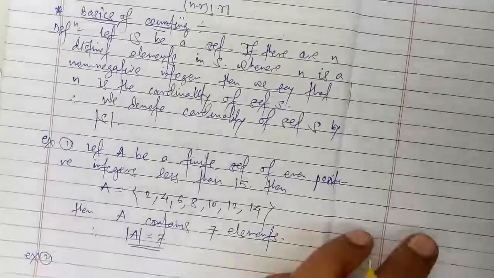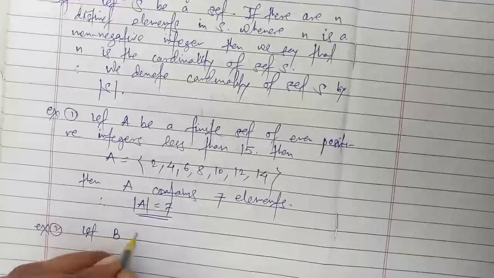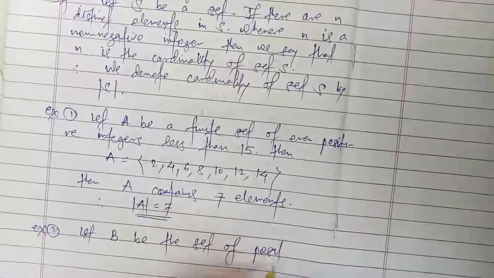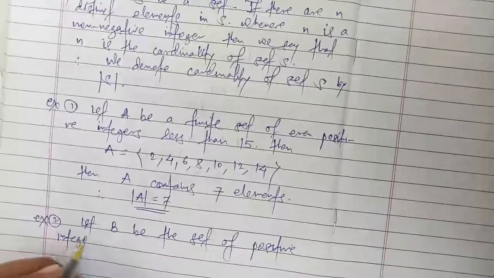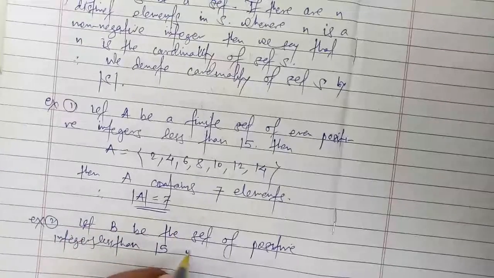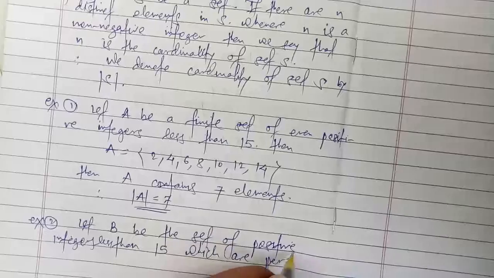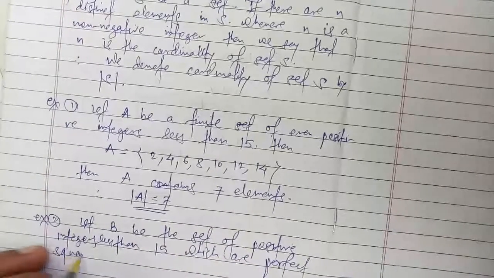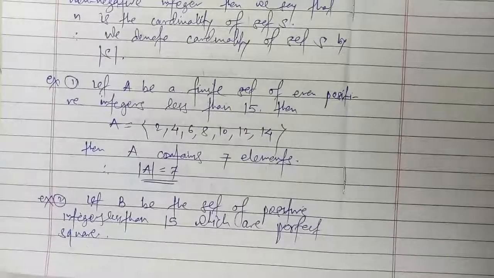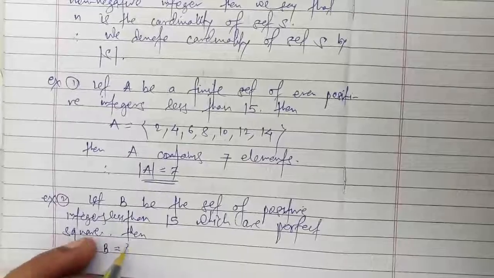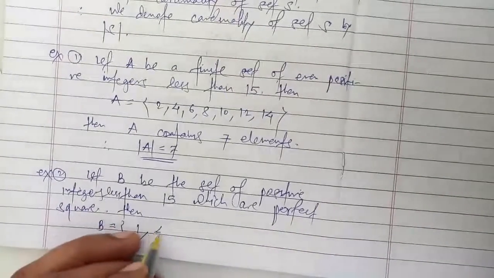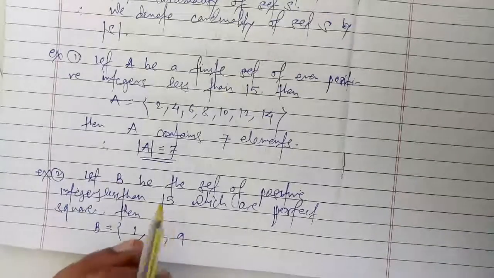Similarly, let us take the second example. Let capital B be the set of positive integers less than 15 which are perfect squares. Perfect squares are 1, 4, 9, 16, 25, but we will take the numbers less than 15.